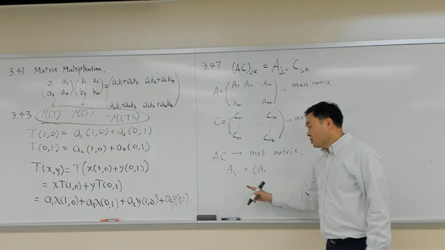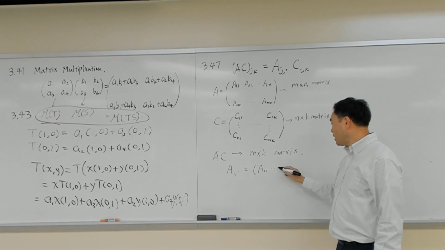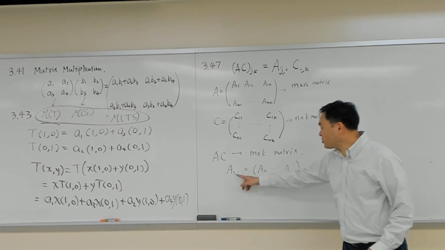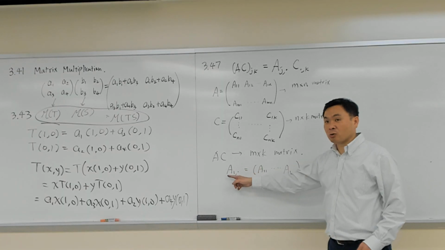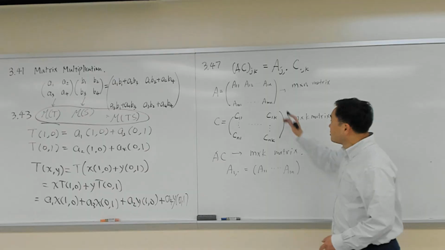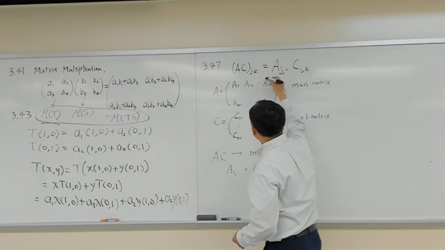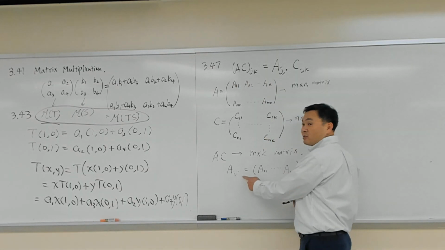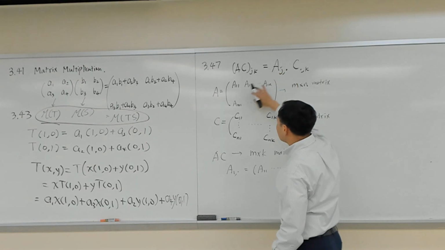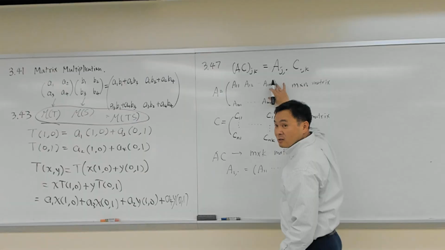So it starts from A11 way up to A1n. See, 1 is fixed, so this is going to be a row matrix. In this matrix, the very first row is called A1 dot, and therefore Aj dot means it's the jth row. Is that okay?